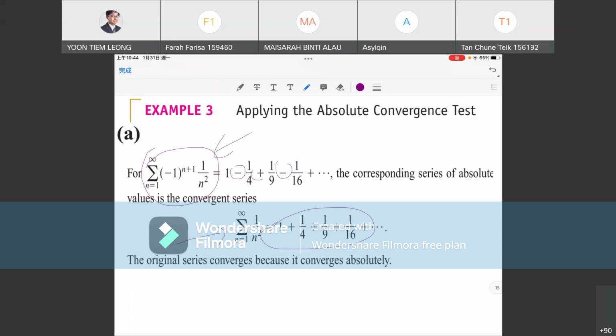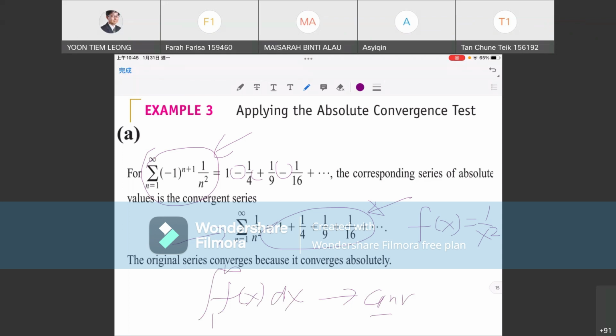So after that, you look at the absolute version of the alternating series and ask yourself whether this absolute version series converges or not. You can prove its convergence by using the integral test. The integral test, which has been shown earlier on, says the integral from 1 to infinity converges to some number.